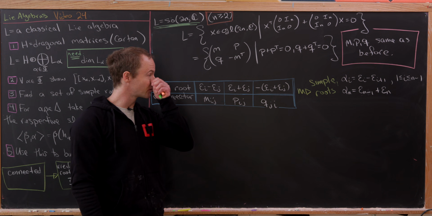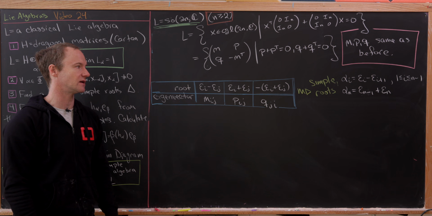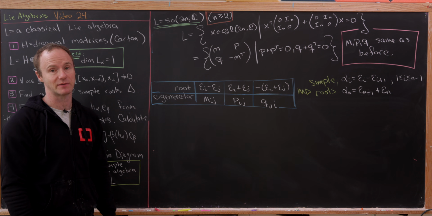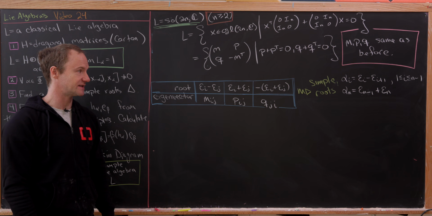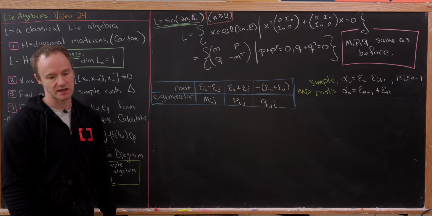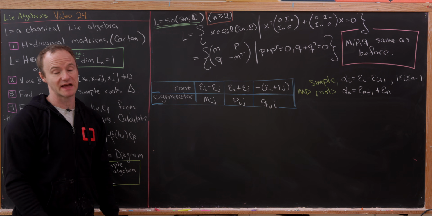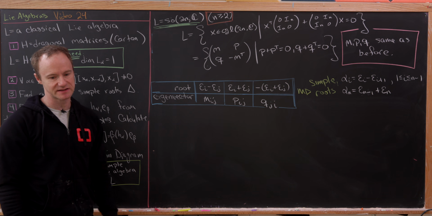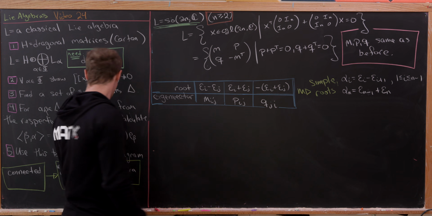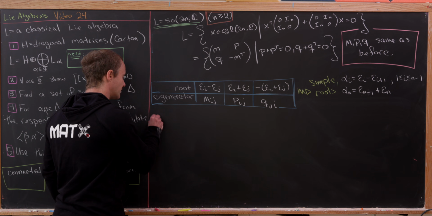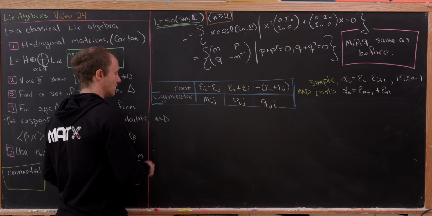And then our simple roots in this case will be alpha i being epsilon i minus epsilon i plus 1, as long as i is less than or equal to n minus 1, and alpha n is epsilon n minus 1 plus epsilon n. Okay, and now you can find the SL2 triples exactly the same again and do this calculation. So what you'll end up with is the following.